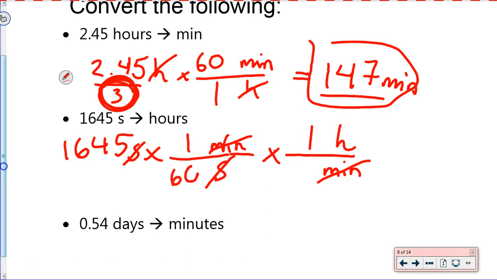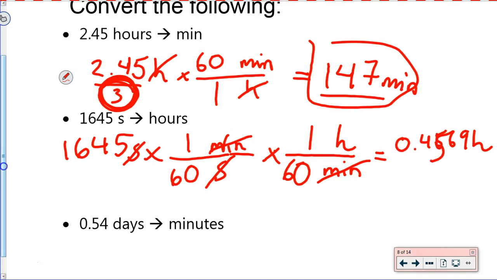There were 60 seconds for 1 minute. There were 60 minutes in 1 hour. We can smash this into our calculator, and we get 0.4569 hours. And that's a 5, not a 6. Yeah, this one here was the 5. The next one was the 6.